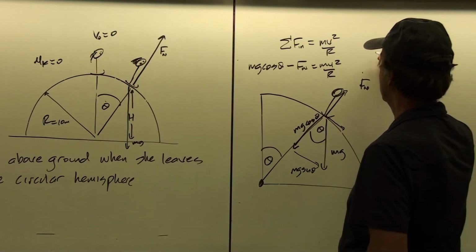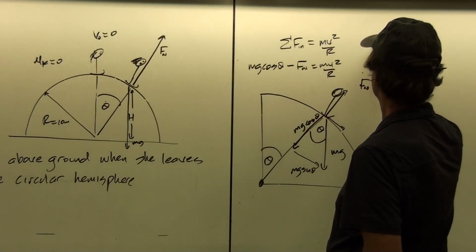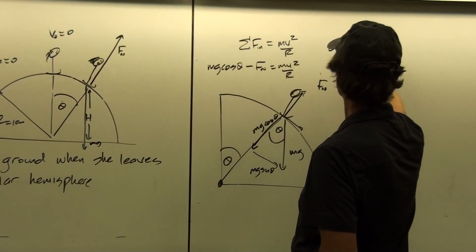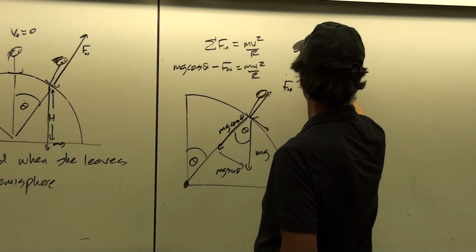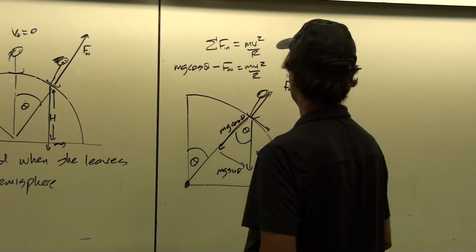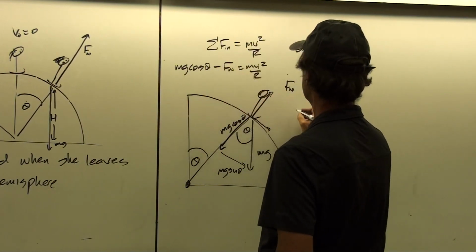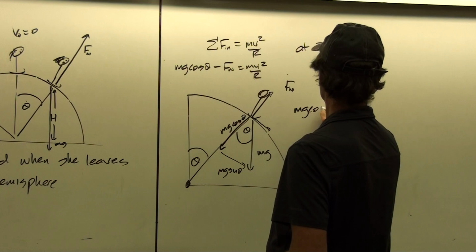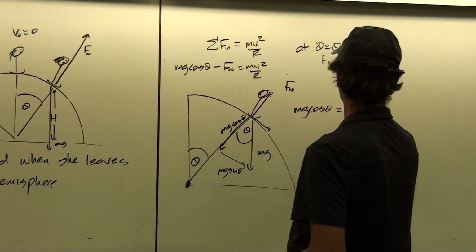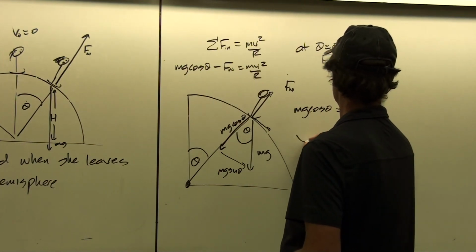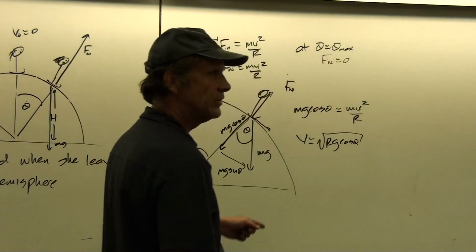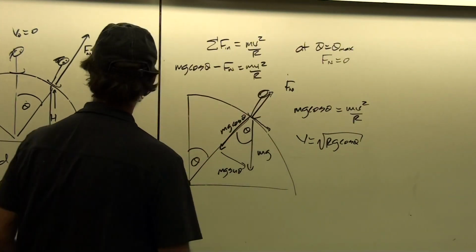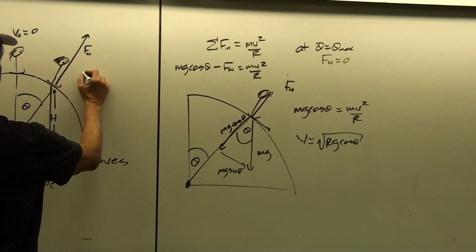And so at theta equals theta max, we have F normal just goes to 0. So at that point, you can set mg cosine theta equal to mv squared over r. That gives you v is equal to the square root of rg cosine theta. Okay, so that then is our v final. So this is the initial point, this is the final point.